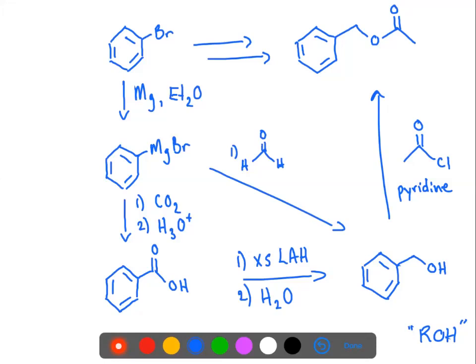So this carbon nucleophile reacting with this aldehyde will form the oxide, and then we follow that up with a water wash, and we end up with the corresponding alcohol. So this is another example of a nucleophilic addition reaction from our Grignard reacting with our small aldehyde, followed by a water wash, and that will generate our alcohol.